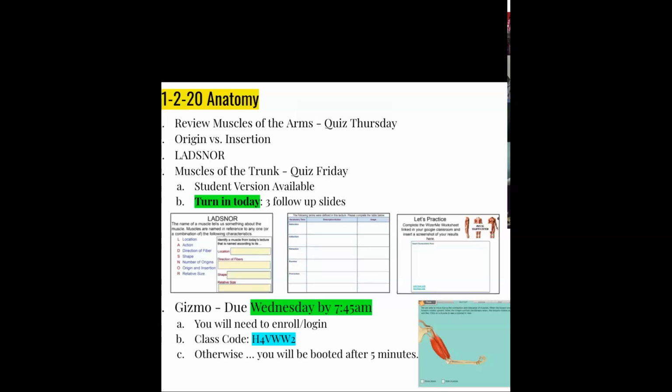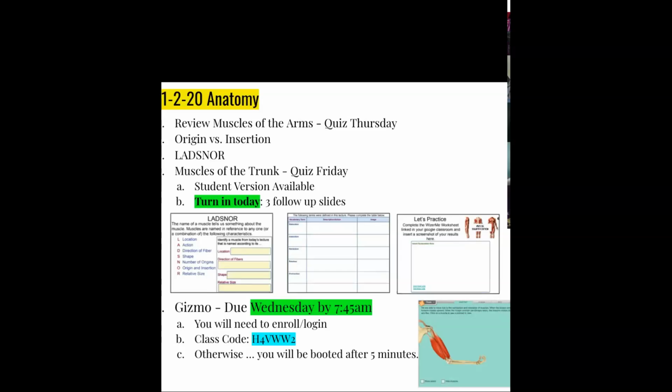So though I'm giving you the origin and insertion for all of these, you don't have to memorize the individual, very specific origin insertion. You should be able to reason them out, okay? Whatever joint is affected, the origin will be above the joint, the insertion will be below the joint.